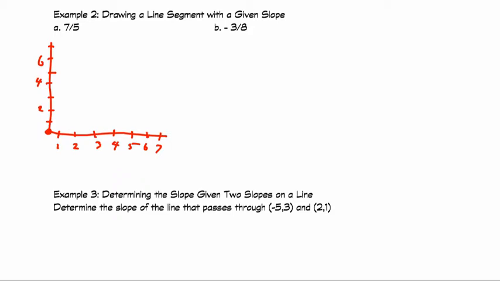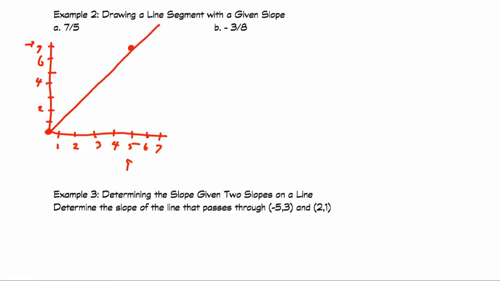Our slope is 7 over 5, so our rise is going to be 7 here, so this will be our rise, and our run will be the 5. So we go to where those 2 points meet. This would be a rise of 7 and a run of 5, and then you just connect your dots.